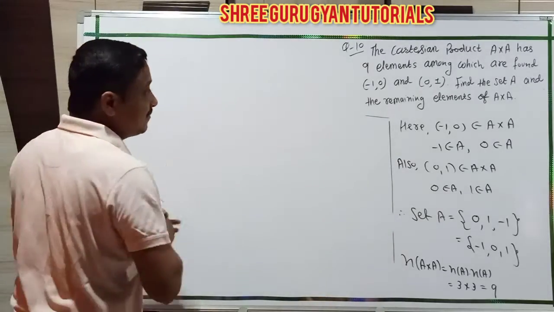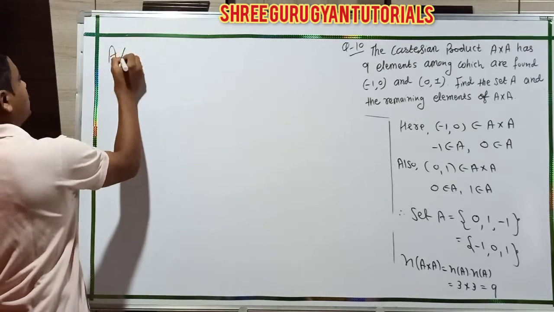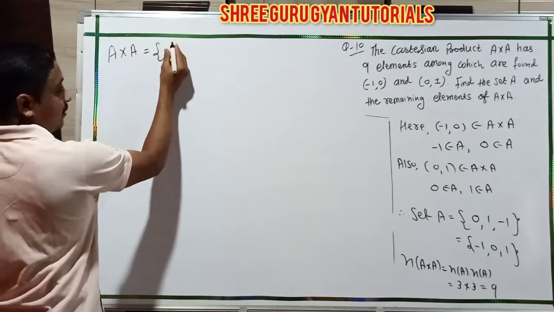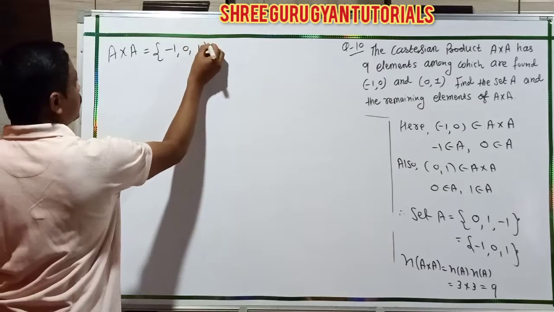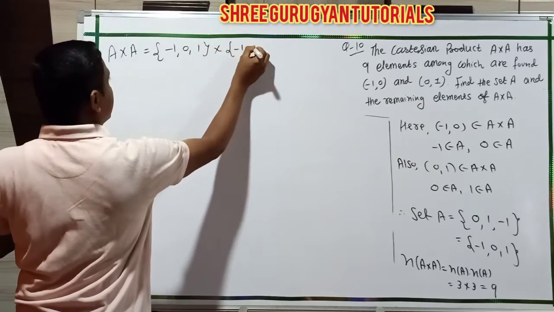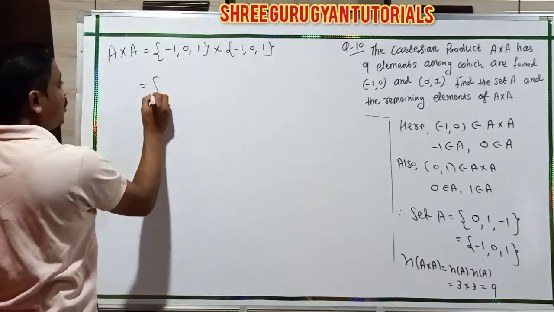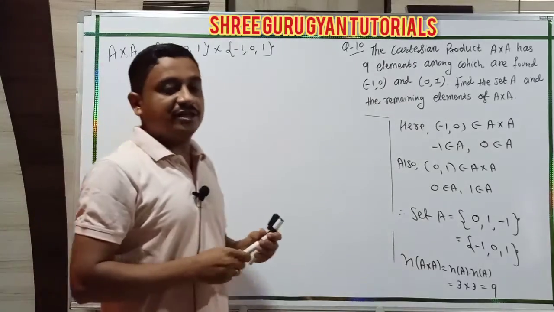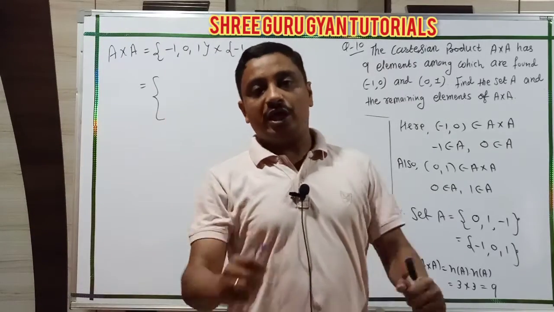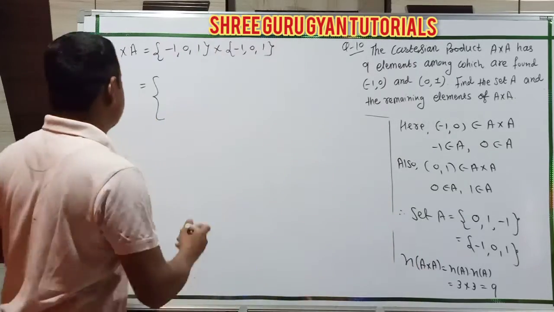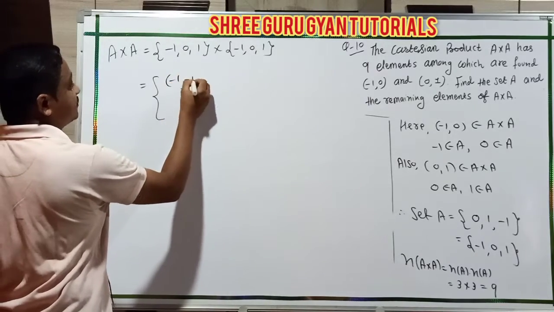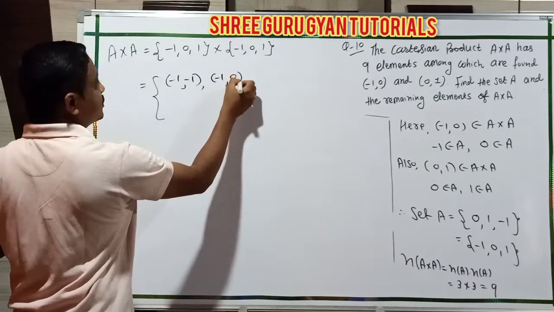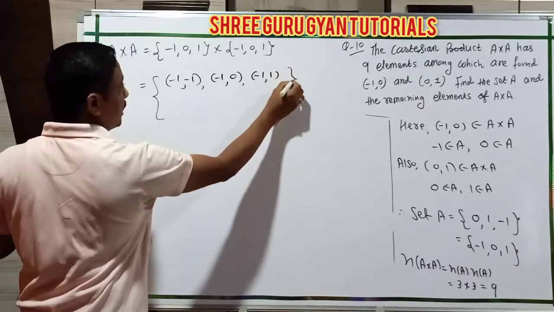So how can we find the remaining elements? It's very easy. Now I go to A cross A, with -1, 0, 1 and -1, 0, 1. I prepare the A cross A elements. First elements: (-1, -1), (-1, 0) and (-1, 1).